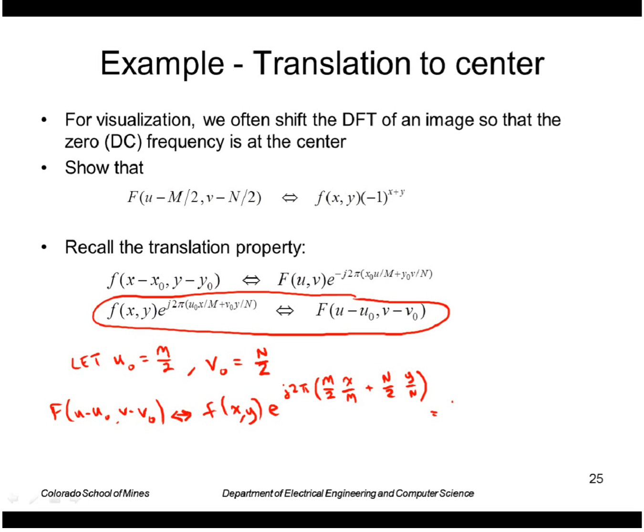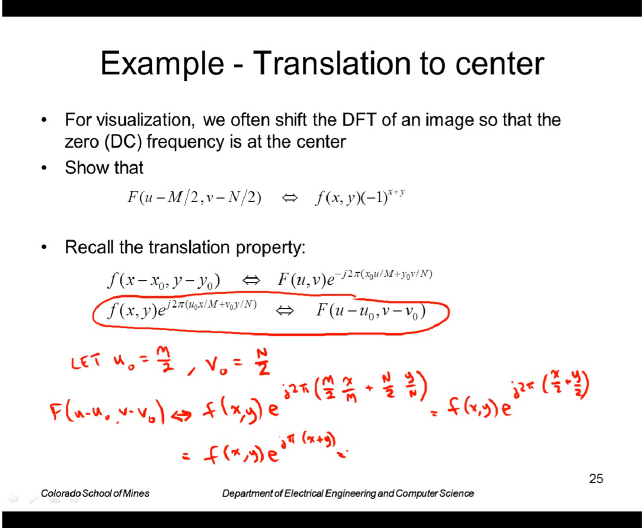So the m's and n's cancel out, and we get e to the j 2 pi x over 2 plus y over 2, or f of xy e to the j pi x plus y.